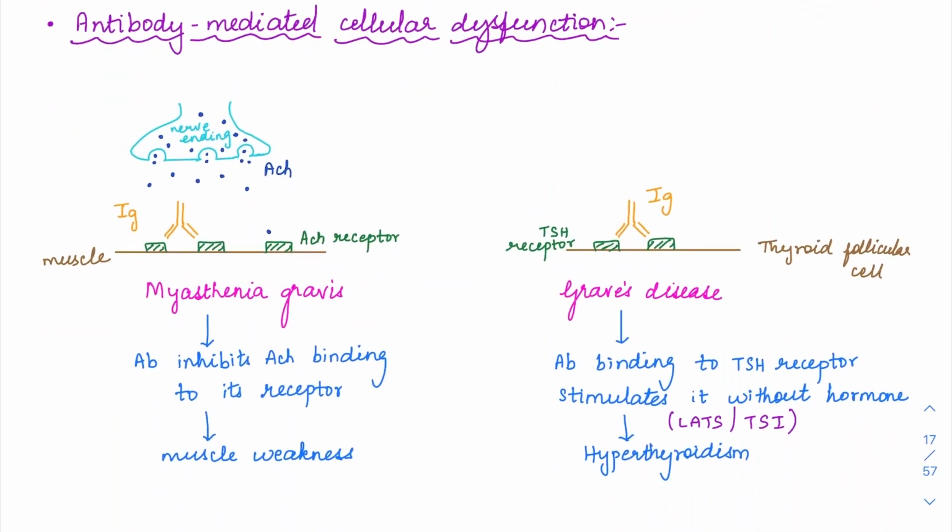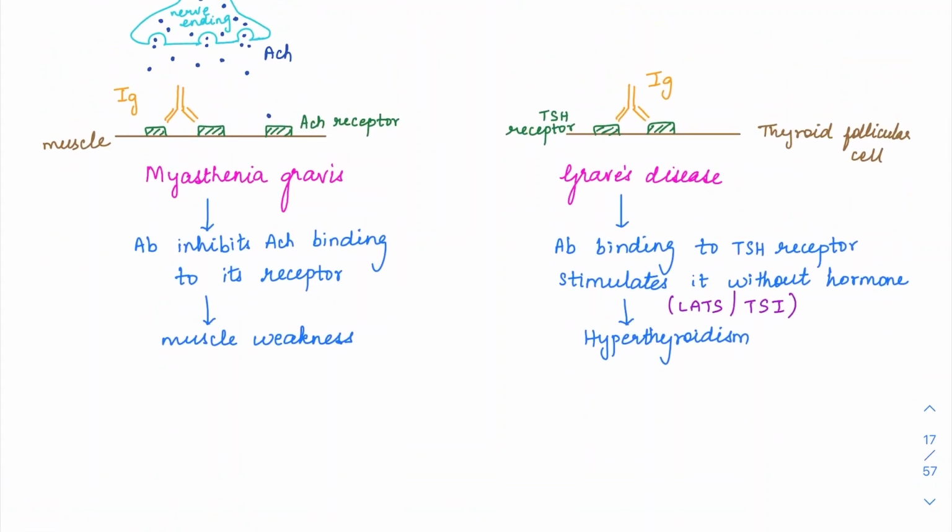The fourth mechanism of type 2 hypersensitivity is antibody mediated cellular dysfunction. As the name suggests, there is going to be some antibody present, and that is going to cause some dysfunction of the cells. We have two main examples under this: myasthenia gravis and Graves disease.